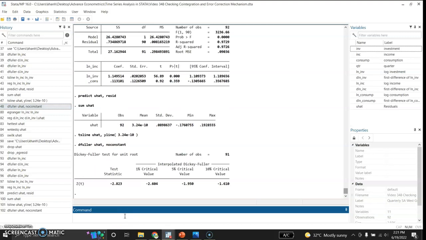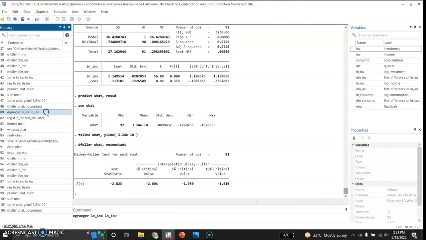So this is the Dickey-Fuller test for residuals, and this is the test statistic value in its absolute form. This is greater than all of these, but remember, these are not the valid values, so we will use the Engle-Granger critical values for this.